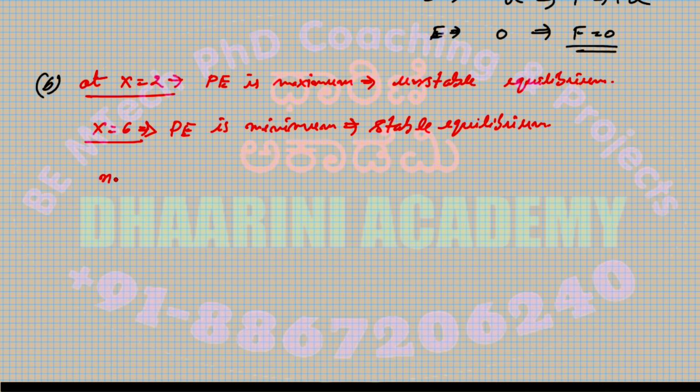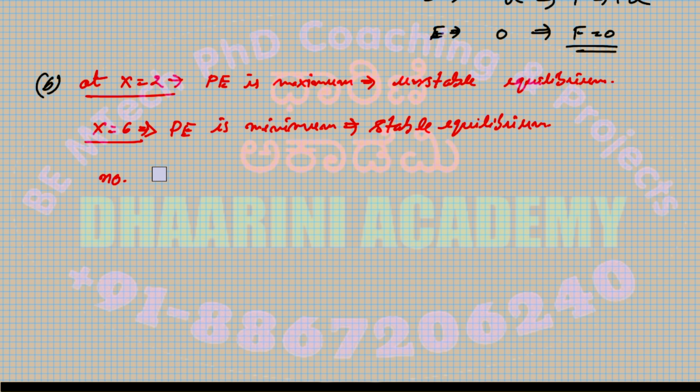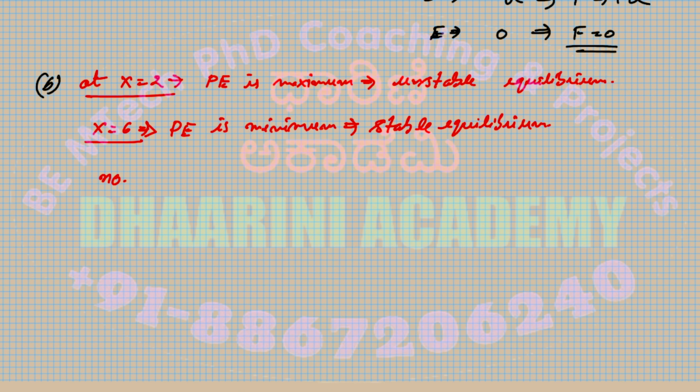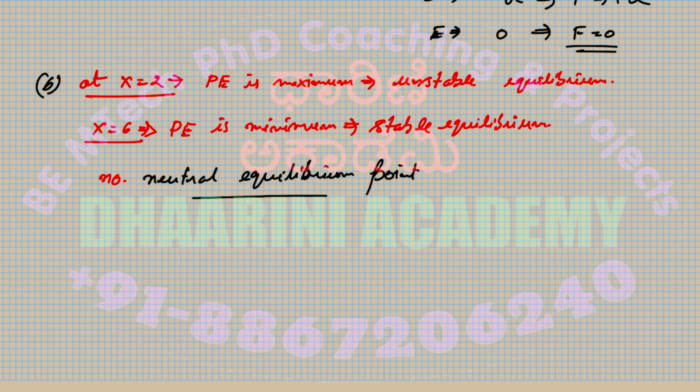So I have to write, no neutral equilibrium point on the curve. So we talked about all the three types of equilibrium.